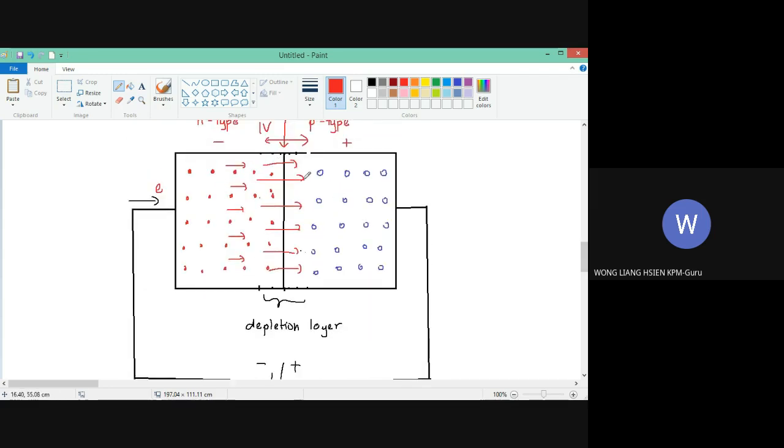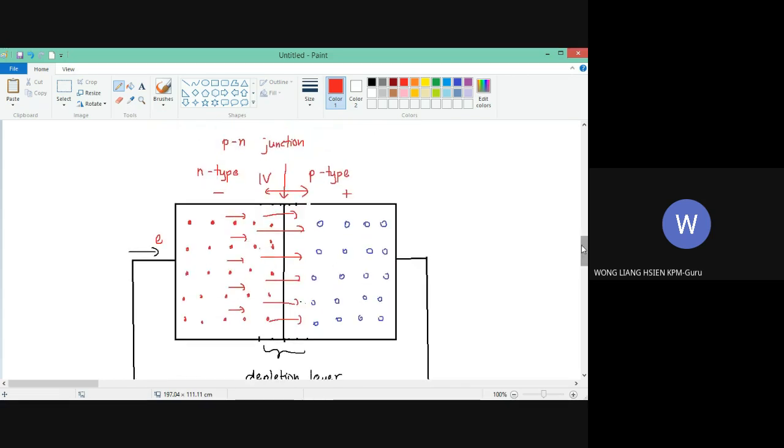So the electron can flow through the PN junction. Can see enough?